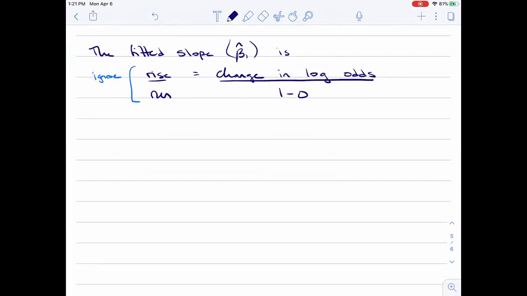But what we will say is that, okay, well, that's the same as saying that the fitted slope, which is the rise over run, right? So just replacing that rise over run with the fitted slope, and the change in the log odds over 1 is the log of the odds ratio.